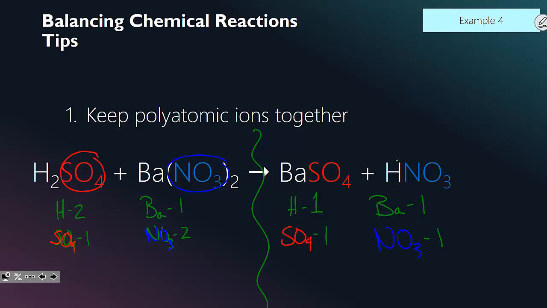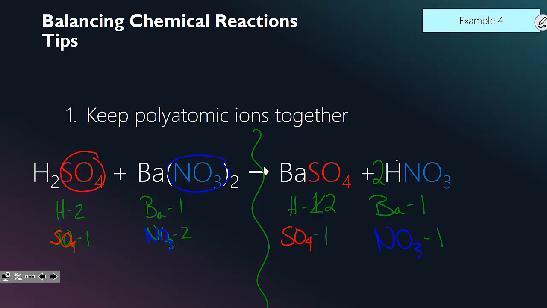2 hydrogens cannot just disappear into 1 hydrogen. So I can balance this by putting a coefficient in front of the molecule I find hydrogen in. Hydrogen exists exclusively in this nitric acid in the product side. So if I put a 2 as the coefficient, that changes this 1 to a 2.